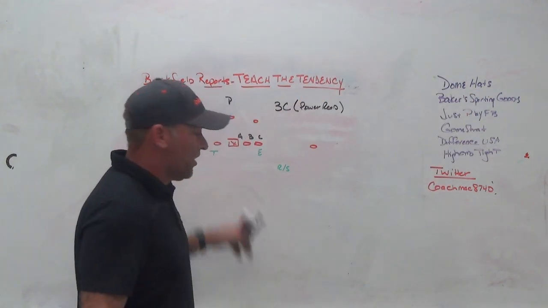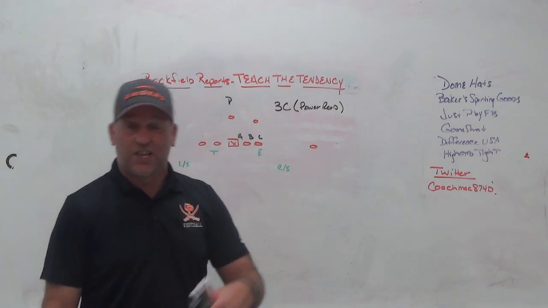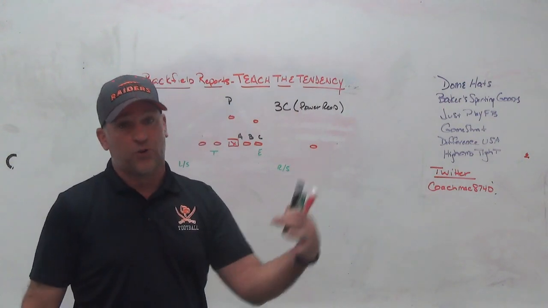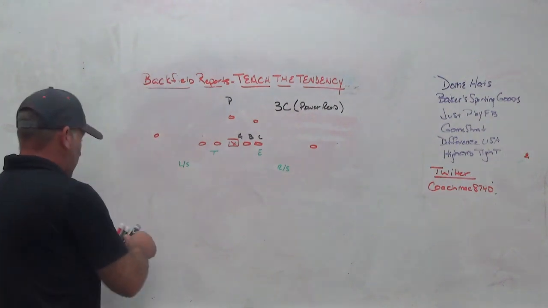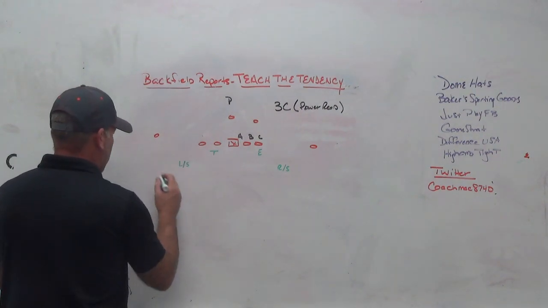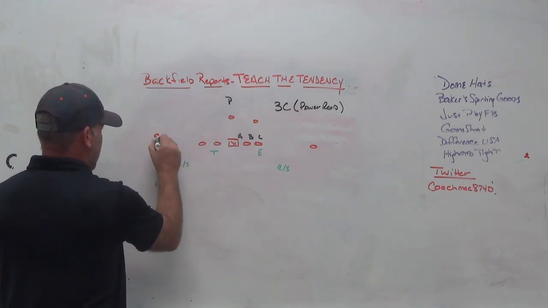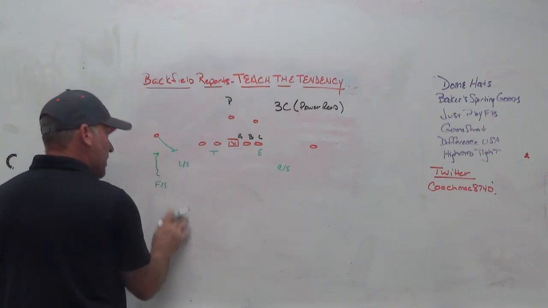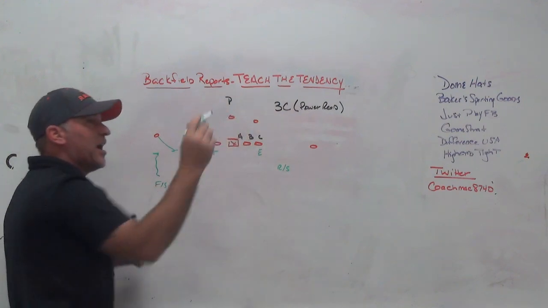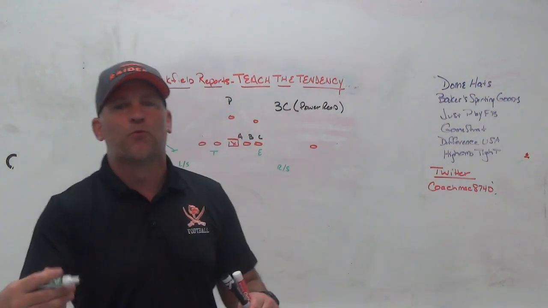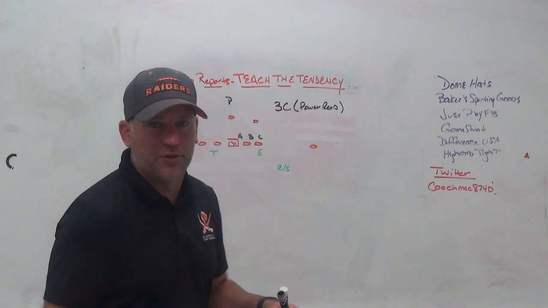This safety, I'm going to start telling, hey, you may want to be ready to start setting the edge, for those outside runs coming. If we're a 2-high team, and whether it's quarters or 2-read or whatever we're doing, this free safety now has got to be alerted, because now you might get a crack where I've got to replace. So that backfield tendency, that backfield report, is going to help me do some different things.